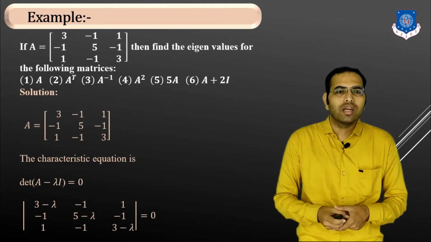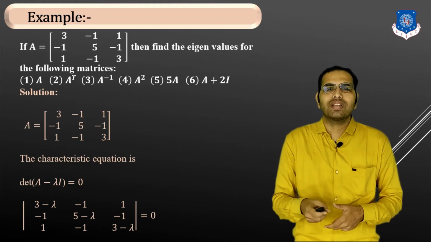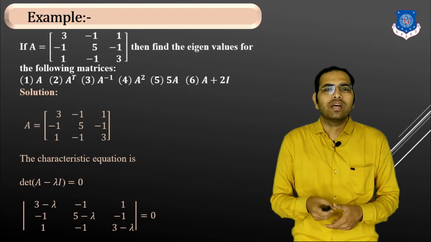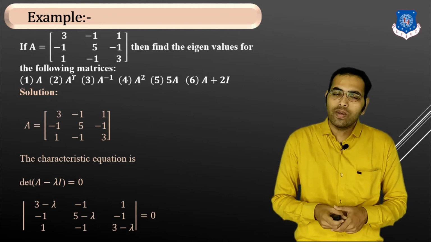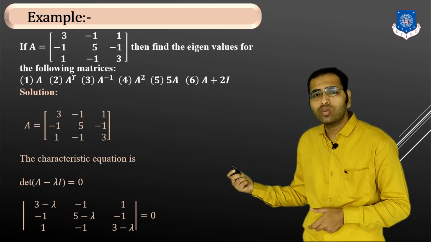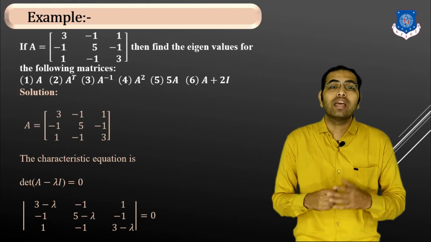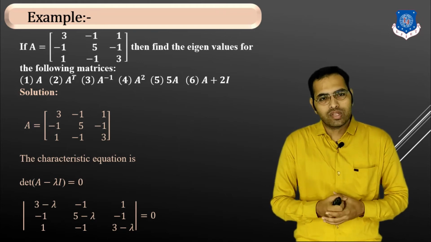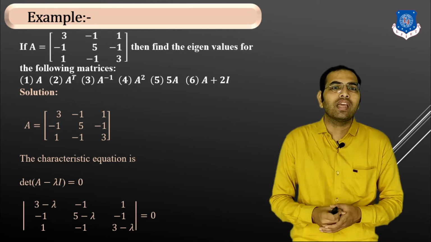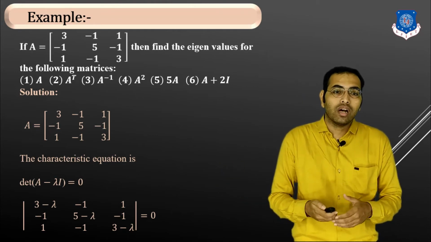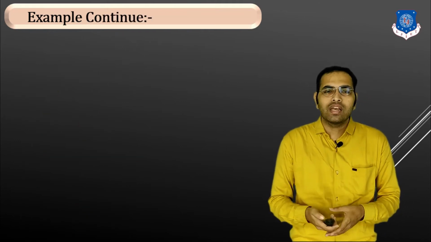So the determinant of [3 minus lambda, -1, 1; -1, 5 minus lambda, -1; 1, -1, 3 minus lambda] equals 0. Expanding this determinant we can easily find the eigenvalues. Otherwise, with the help of the characteristic equation, we can also find the eigenvalues.